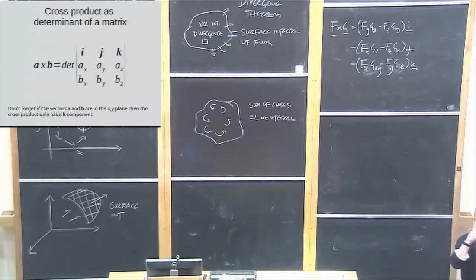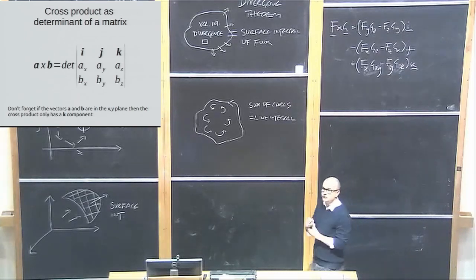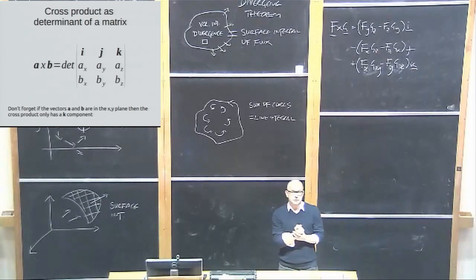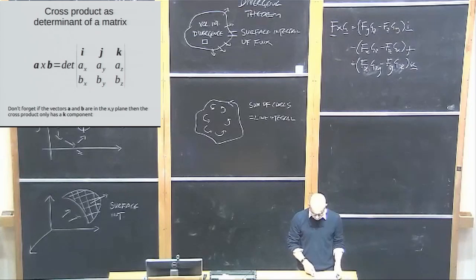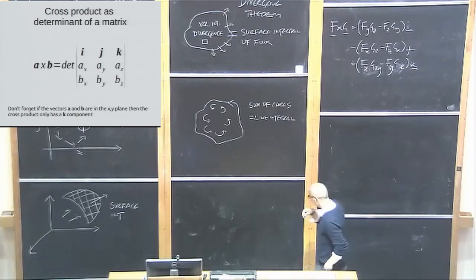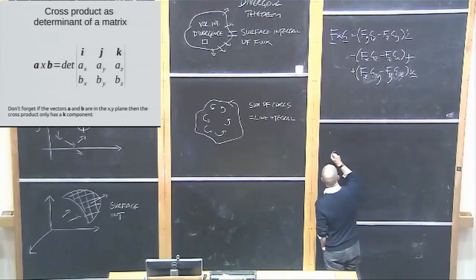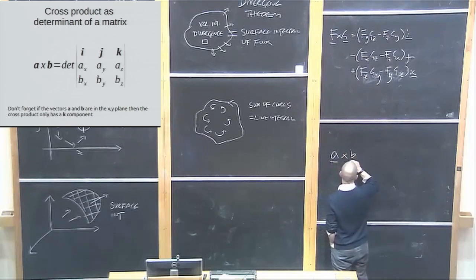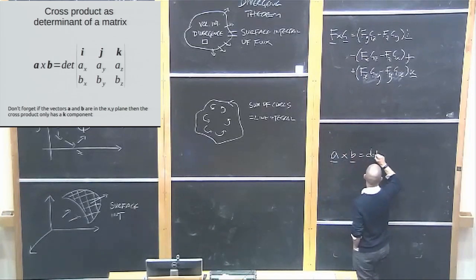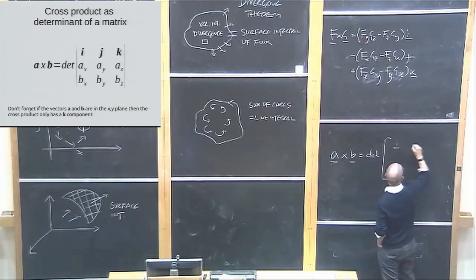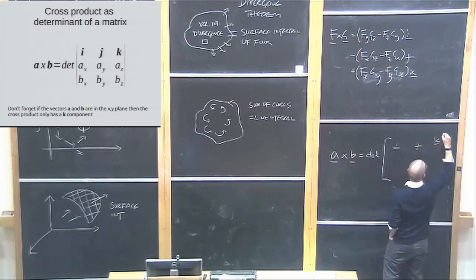You'll use the determinant of a matrix to work out what the curl is, and you'll also use it to work out what the Jacobian is when you're doing coordinate and variable transforms between different integrals. So A cross B is the determinant of the matrix with rows i, j, k.